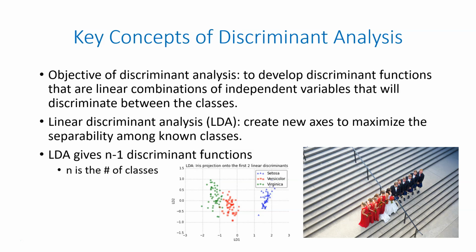A discriminant function is usually represented as a mathematical function, and it is the linear combination of the independent variables, such as weight 1 times x1 plus weight 2 times x2 all the way to weight p times xp.